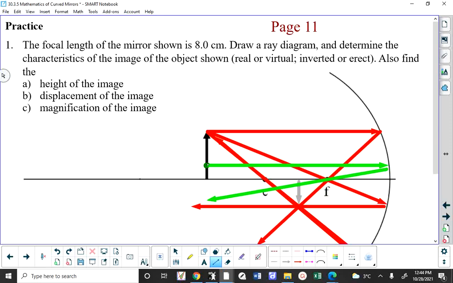That's a vibrant green. Through the focus will go parallel. Doesn't quite match up. These ideally should be converging right here. It's not quite matching up. I just wanted to try it and see if it would work.